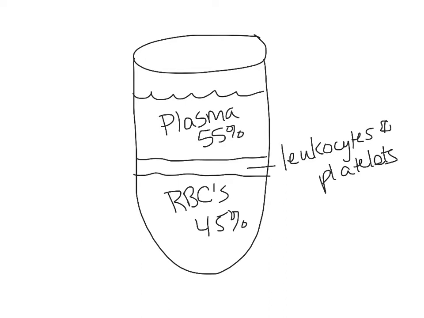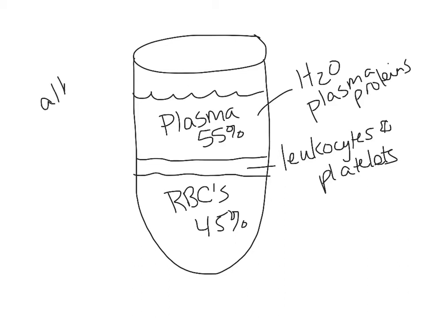We already talked about plasma in general A&P, and so remember plasma was mostly water, right? But then it also had some plasma proteins, and there are several plasma proteins that we'll probably mention as we go along. Some of those plasma proteins are albumins.